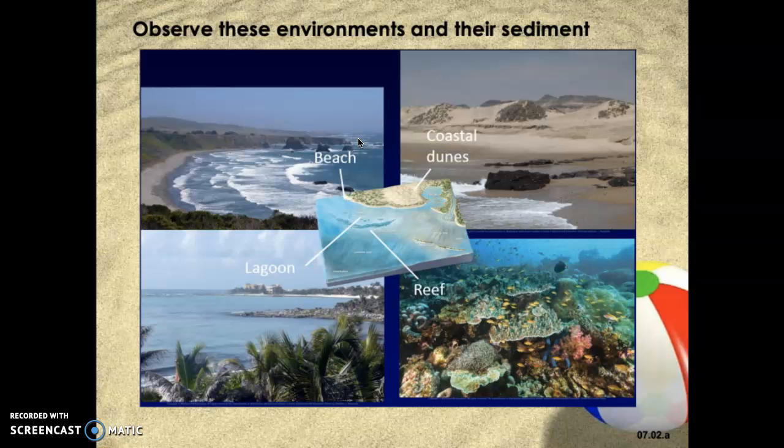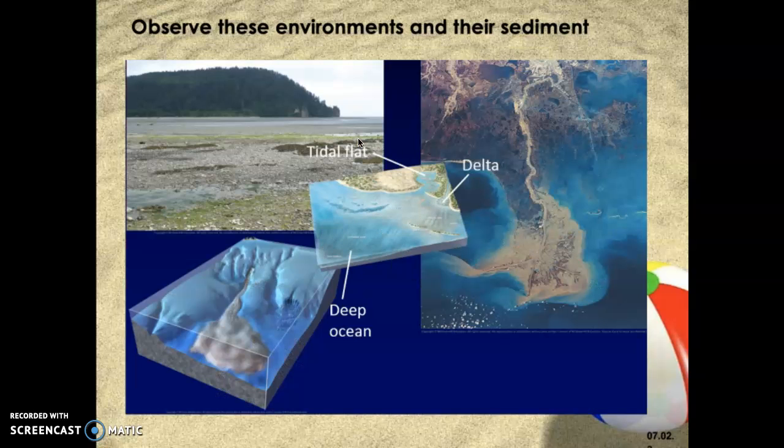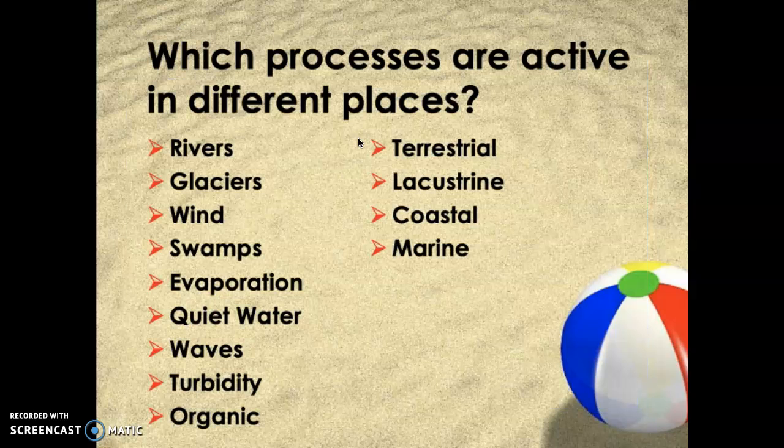You can see every one of these environments is a little bit different, and because of that, we will end up with different sediment deposits. They'll have some different characteristics that we can then recognize once those are turned into rocks.